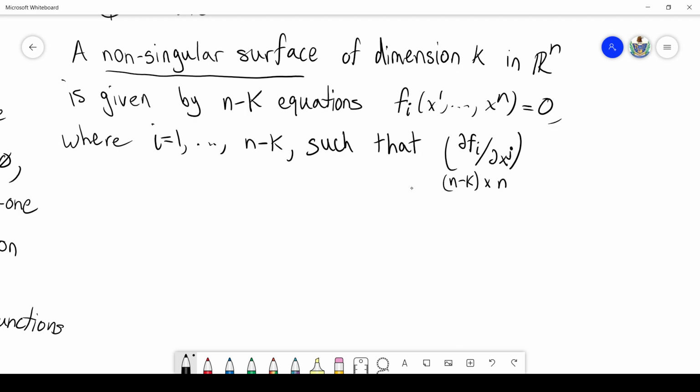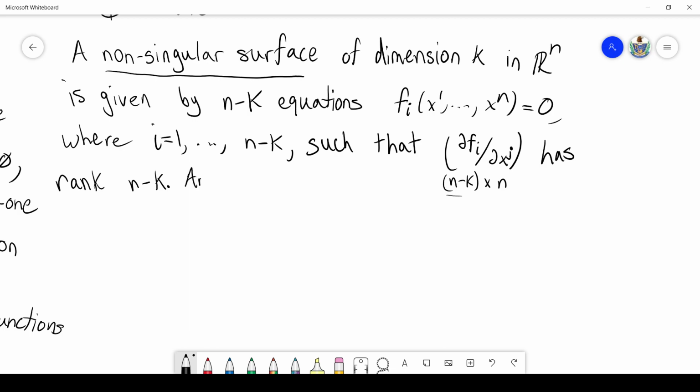So it's not a square matrix, but our condition here is that this matrix has rank n minus k. And if you don't know what a matrix rank is, there's an alternative condition which I'll mention here. But essentially, this is the maximum rank that this matrix can have. Since n minus k is less than n, the rank of a matrix is limited by its lower dimension, right? So this is the maximal rank that this matrix can have.